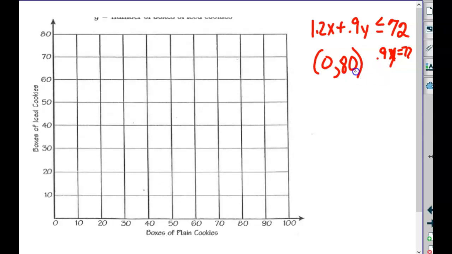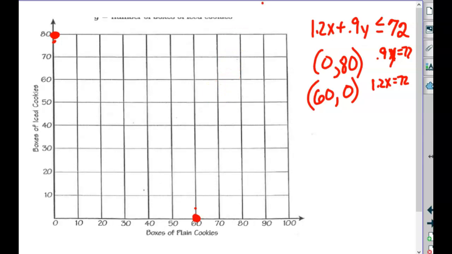Okay. If I put y equals 0 in, it would say 1.2x equals 72. Can somebody do 72 divided by 1.2? So we have over 0 and up 80, and over 60 and up 0.